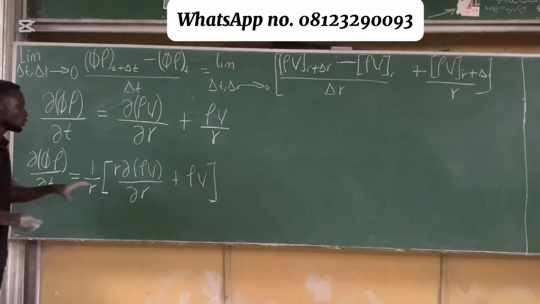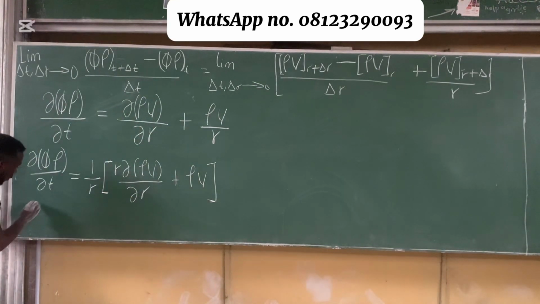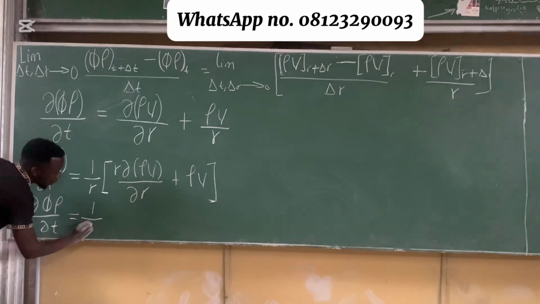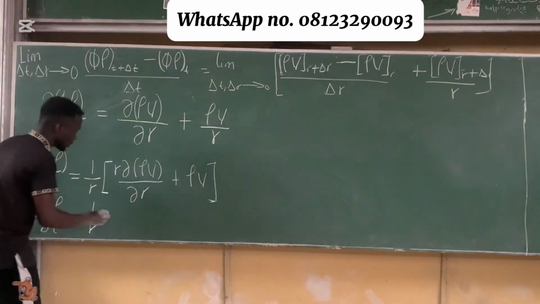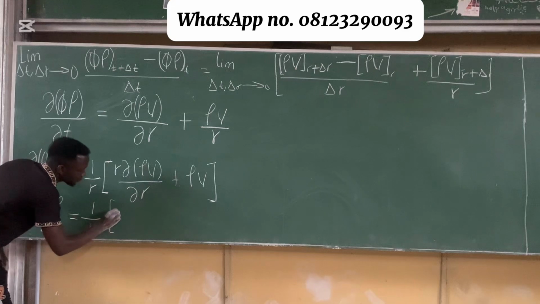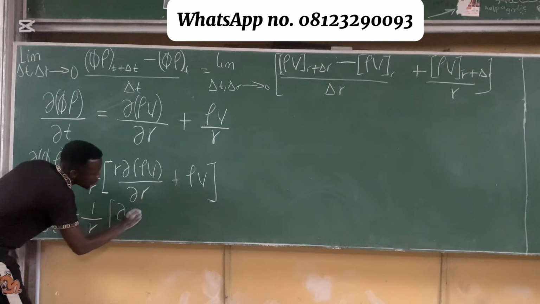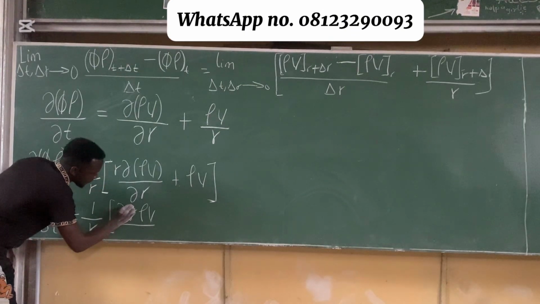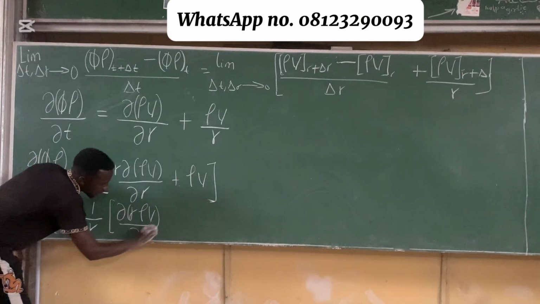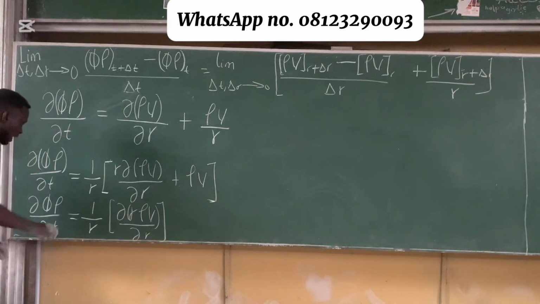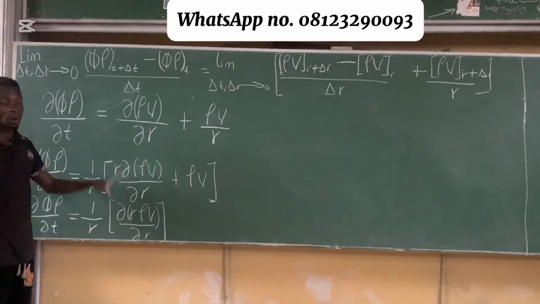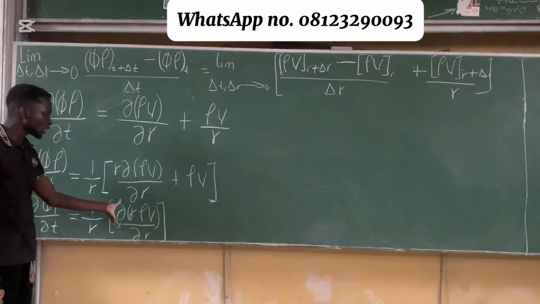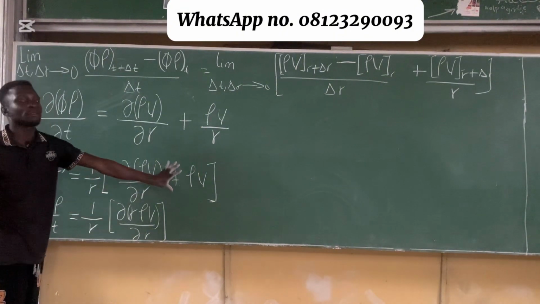So this particular equation can also be written in this form: partial phi rho divided by partial t will be equal to 1 all over r, written as d by dr of r rho v all over what? dr. Now this last expression is gotten from the product rule, such that if you differentiate what we have here, we are going to have this expression.